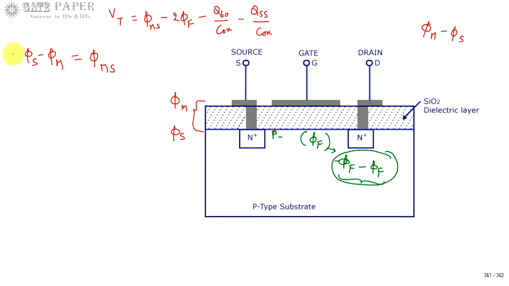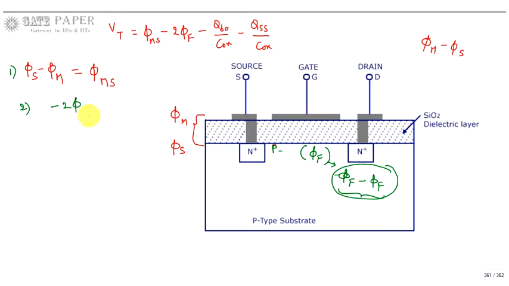So the first one was previous, and the second one is minus 2 pi f. Okay. And we are going with magnitudes, so it is valid for a p-type substrate as well as an n-type substrate, that is, n-channel MOSFET or p-channel MOSFET.